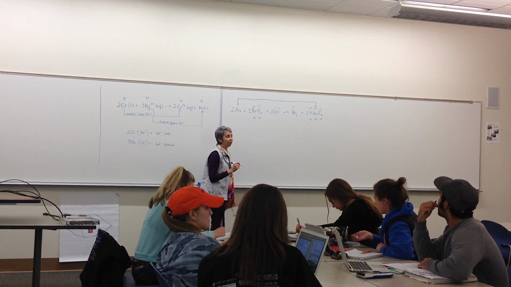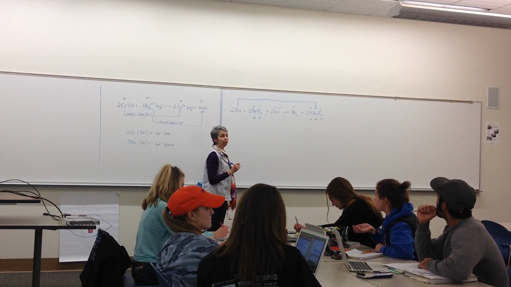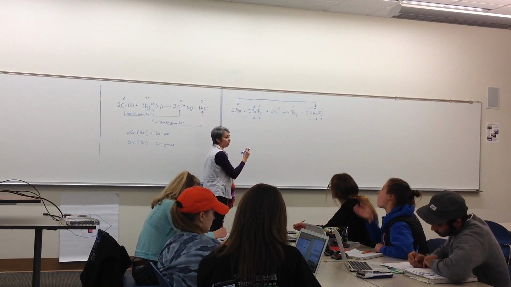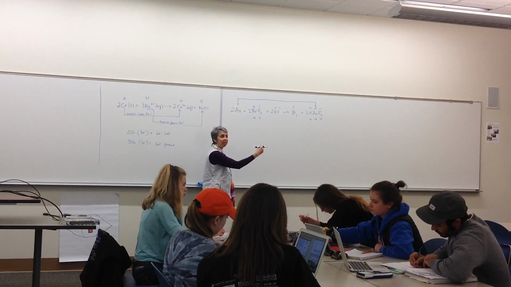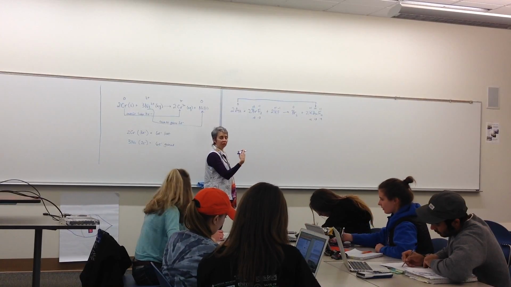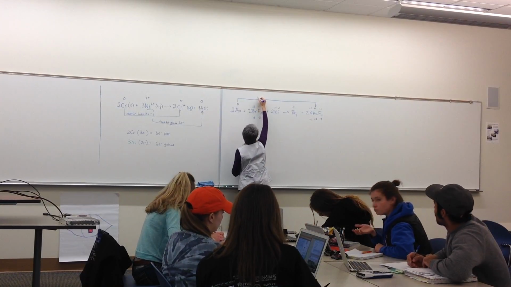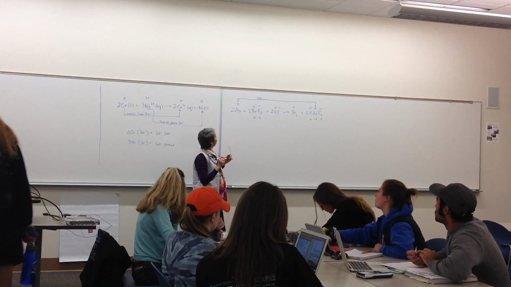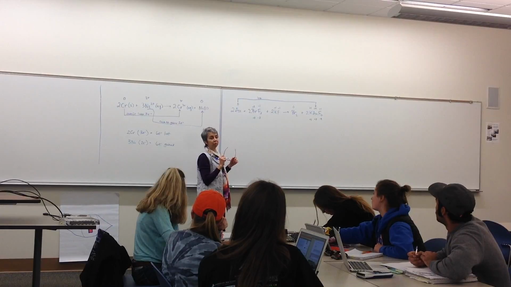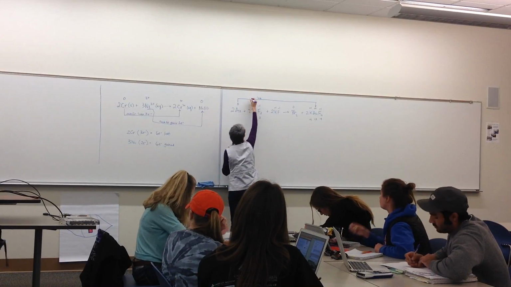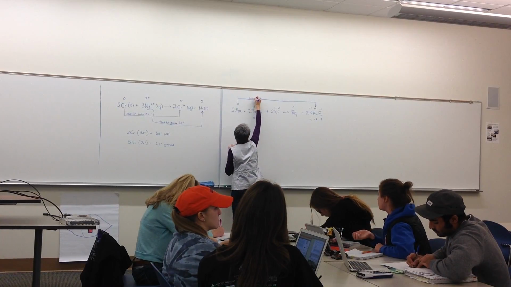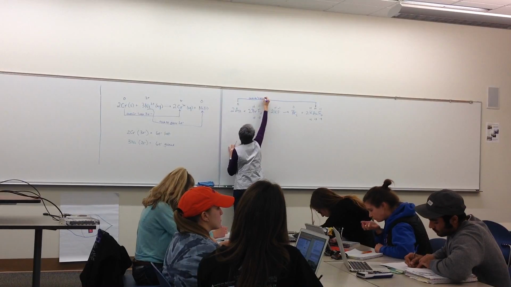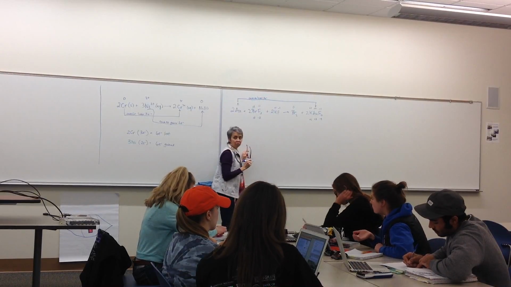Is it gaining or losing electrons? Losing. So if its oxidation numbers become more positive, that means it has lost negative electrons. So lose. And how many does each gold atom lose? 3. So each gold loses 3 electrons.